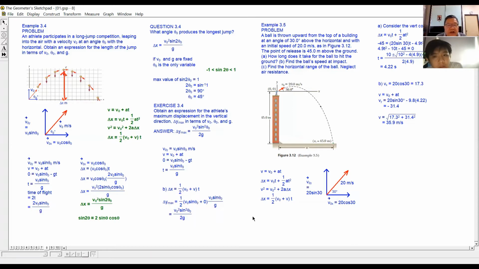This is actually a general formula for the maximum height.